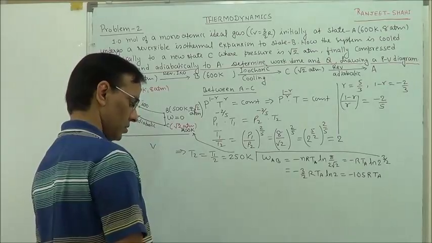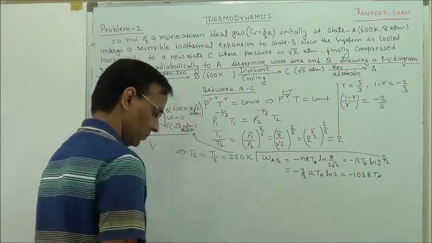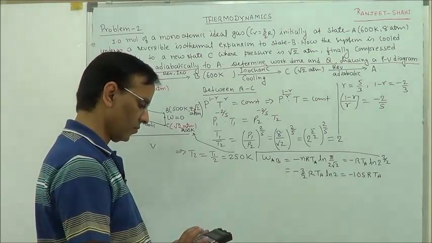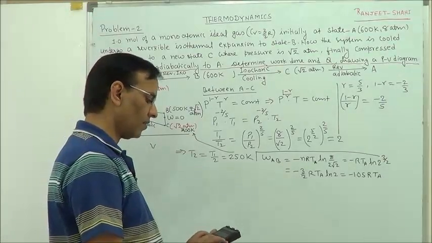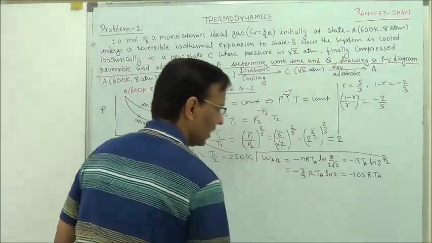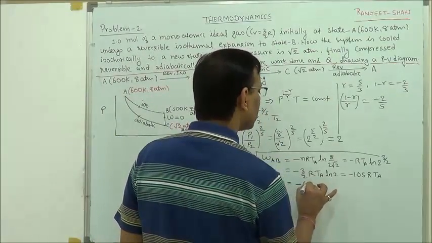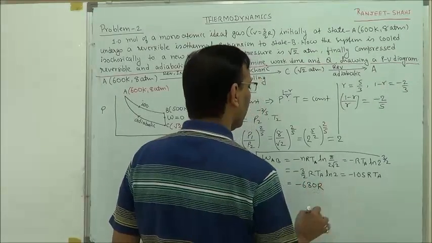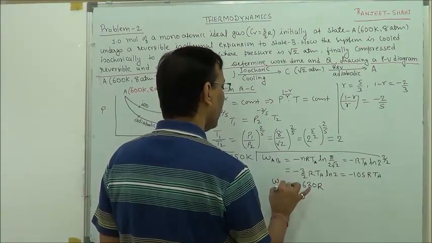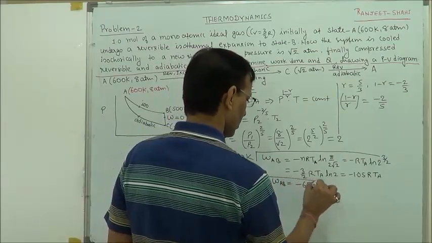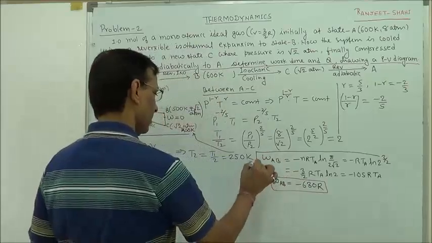So it is 630. It is minus 630 into R. It is W of A, B. One work we have determined.